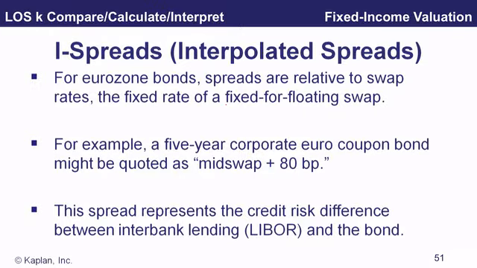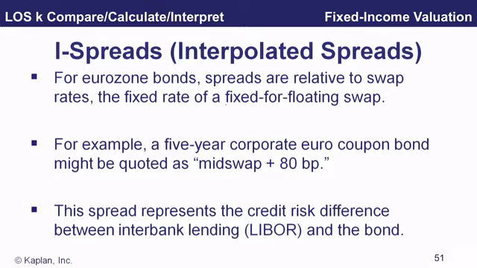Now in the Eurozone, they don't use government bond rates, they use the swap rate, the fixed rate in a fixed for floating swap, which we'll discuss in our derivative section. For example, a 5-year corporate euro-pay bond might be quoted as mid-swap plus 80 basis points.